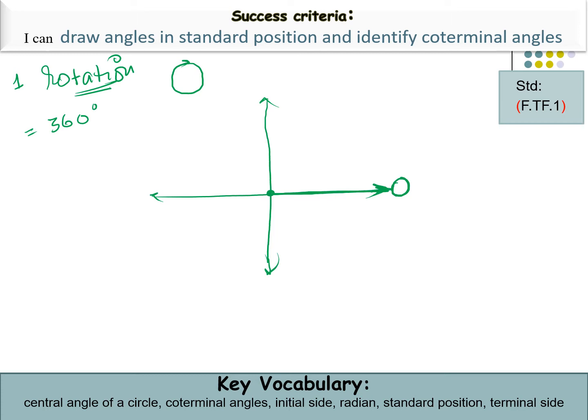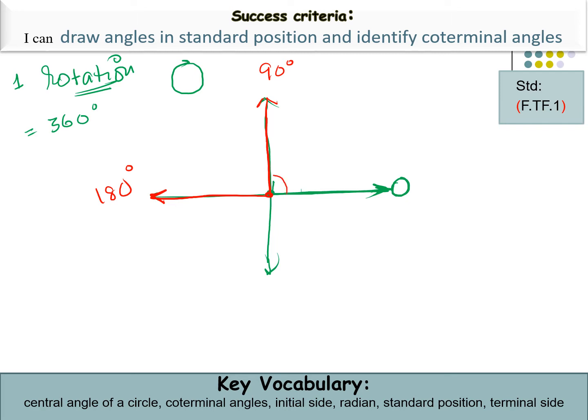Now if I rotate it counterclockwise and make a straight line like here, that is 90 degrees, a right angle. So on the top I will get 90 degrees. If one ray is on the right hand side and the other ray is pointing in the opposite direction, I am making a straight angle, which is 180 degrees.